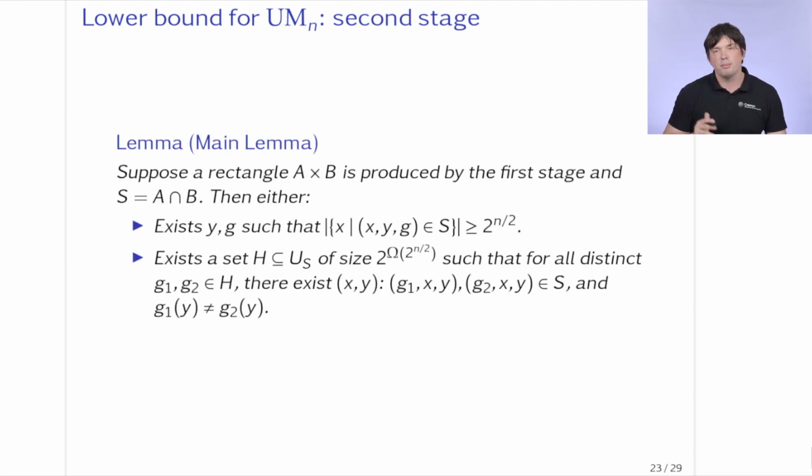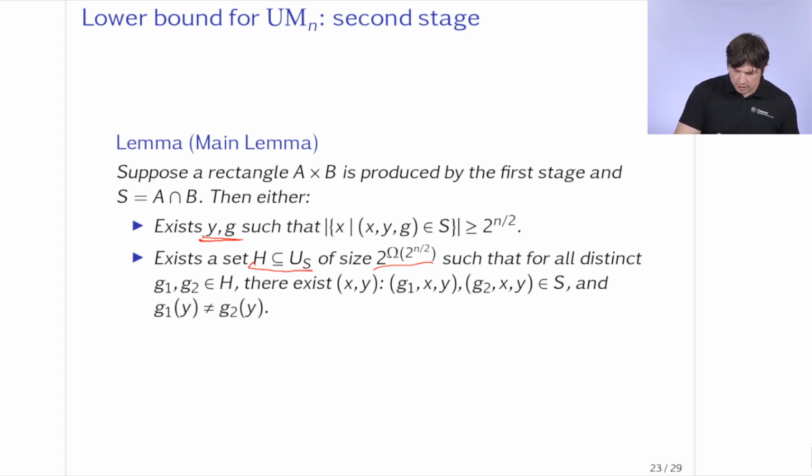And then the main technical lemma is to say that if we have a rectangle that was produced by the first stage, then in the intersection between two inputs, there are either ways to fix y and g such that there are a lot of different x's that can be given to both players, or we can find a set of functions of gigantic size such that any two functions are distinguishable.